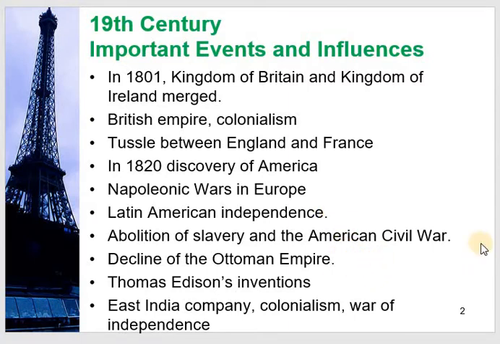Abolition of slavery and the American Civil War. When black slaves got freedom, they had their distinct identity. Later on, Black English got particular features and a distinct variety. Decline of the Ottoman Empire.